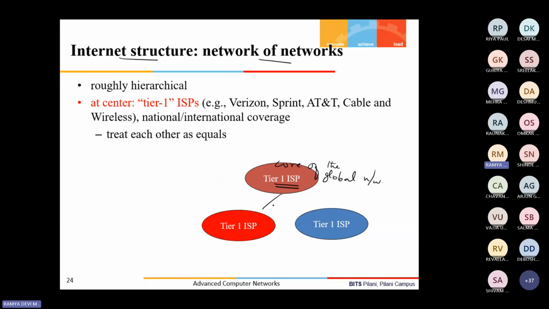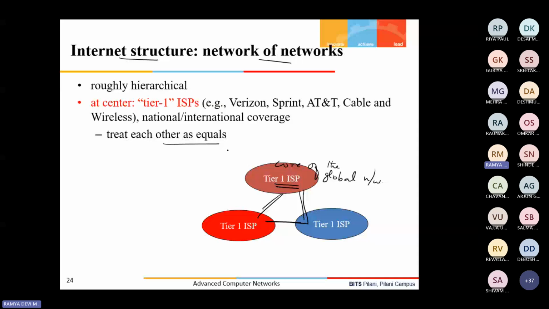They are interconnected and treat each other as equals, and they do not ask for any cost. So they can share access, and sharing access can even be extended to the customers as well.